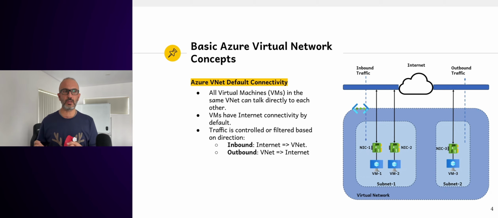But as of now, when you create a resource in a VNet, you need to be aware that that virtual machine or resource would be able to reach the internet by default. So maybe you need to work on that if you don't want to allow this behavior.